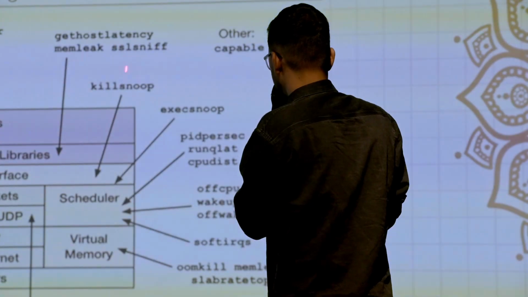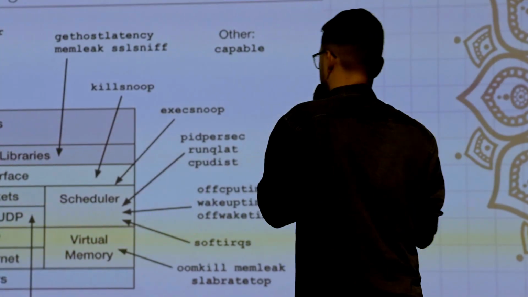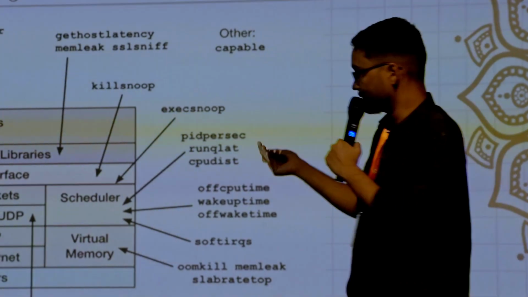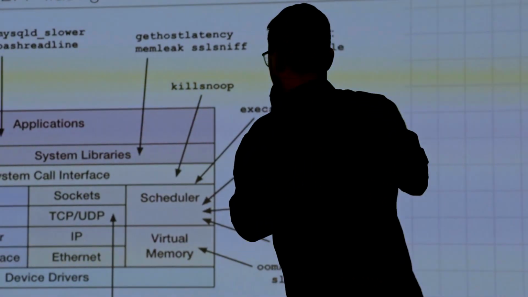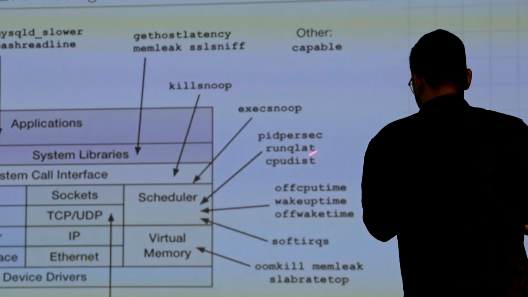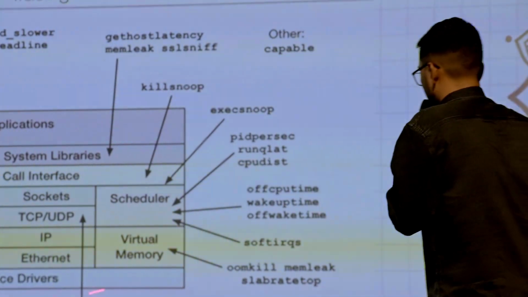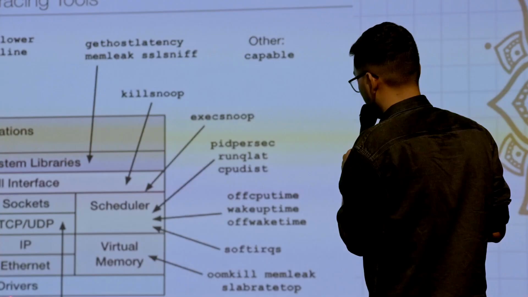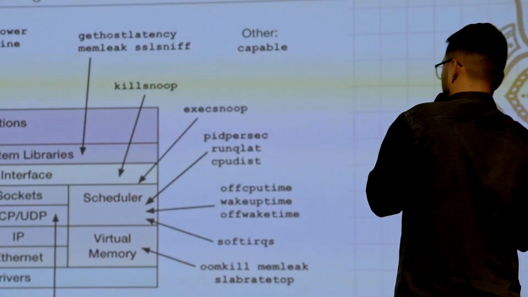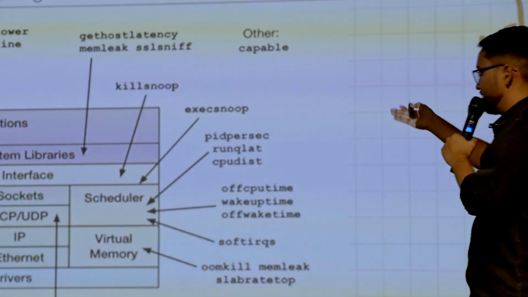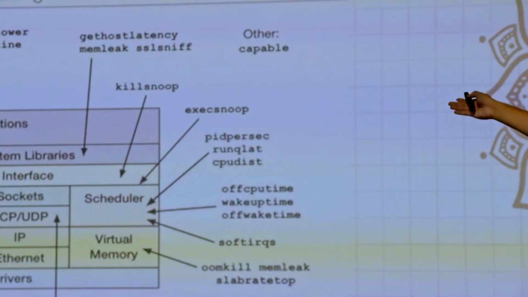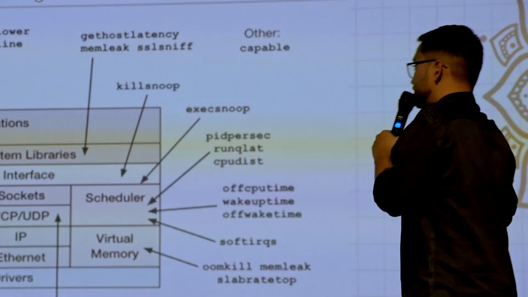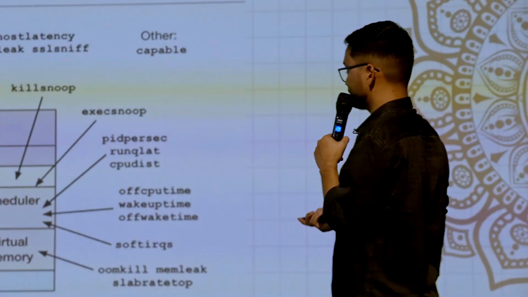And here in the system call interface we have tools that track how many processes are killed and how many processes are executed. And here in the network stack we have tcptop, tcplife, tcpconnect, tcpaccept and so on. So this is a very high level diagram of the tools provided by Linux BCC.